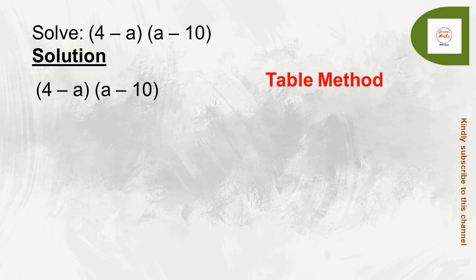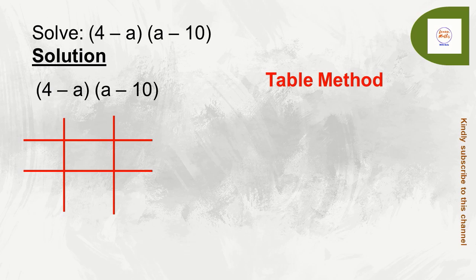So let's go on to the last method, which is the table method. And we'll start by drawing the table. So let's write out the plus a and the minus 10. Like I said, when using the table method, the signs are very important, else you'll get a wrong answer. So we have plus 4, minus a.